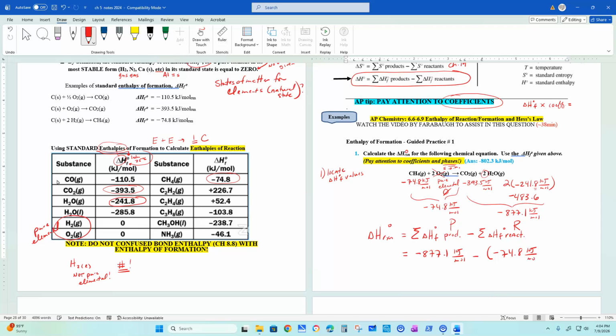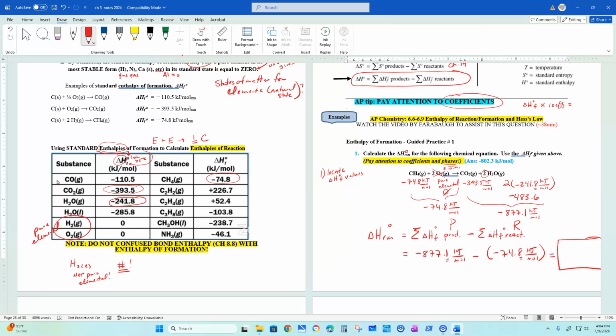Okay? So this is when final answer, okay, sig figs, rounding, whatever we need. Well, the cool part is both of them have one after the decimal, okay? So I'm going to plug in that negative 877.1 minus a negative 74.8.